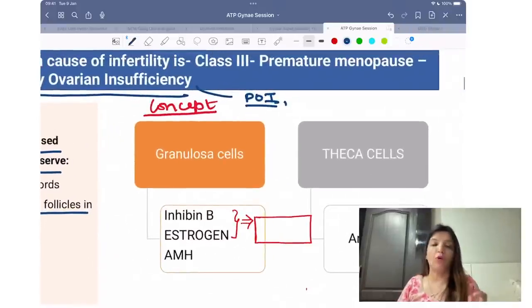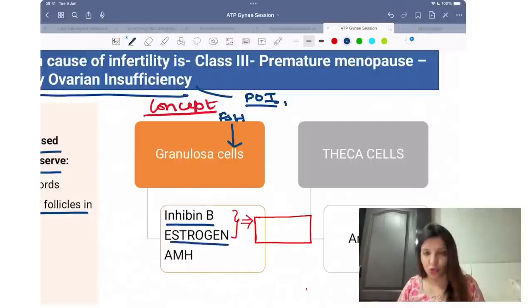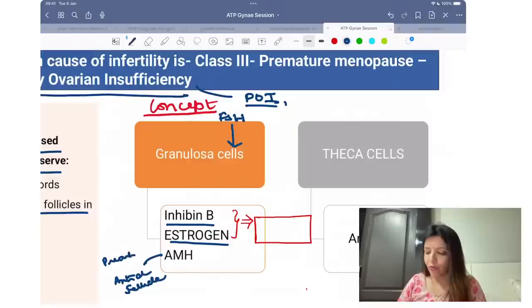Before that, a very important concept you have to remember, and that is FSH acts on granulosa cells in females, and from granulosa cells inhibin B is released. From granulosa cells estrogen is released, and from the granulosa cells of the antral follicle and preantral follicle, anti-Mullerian hormone is released.